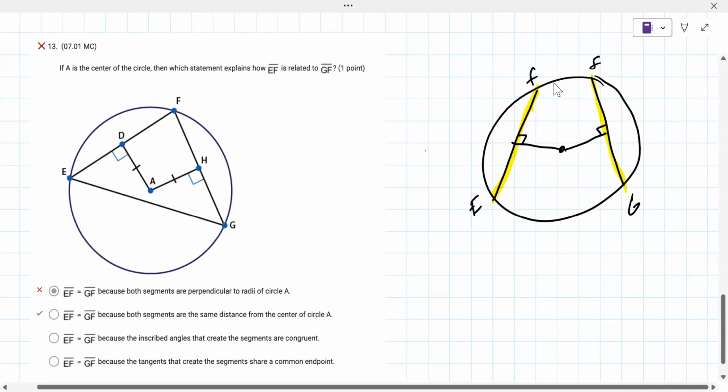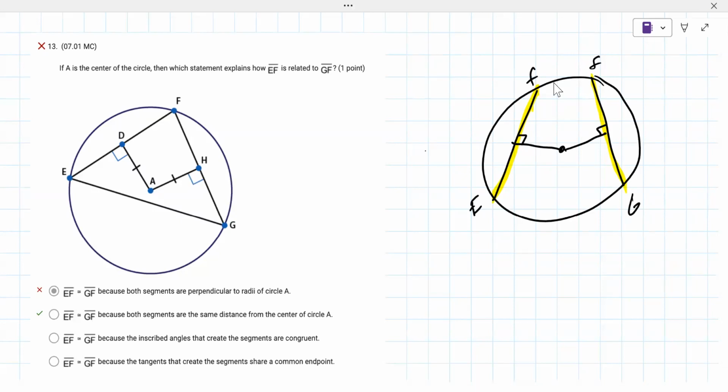That is the difference here. The reason why I first put that the inscribed angles create segments that are congruent is because I thought that because the inscribed angles were at the same degree and were congruent, or perpendicular to the radii, that would make EF and GF congruent.